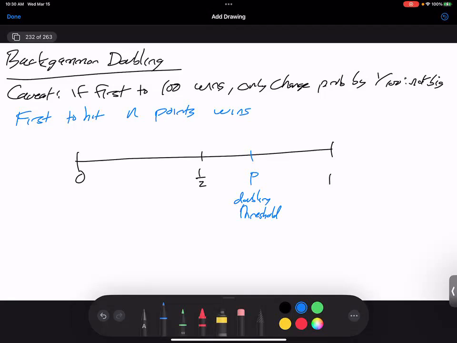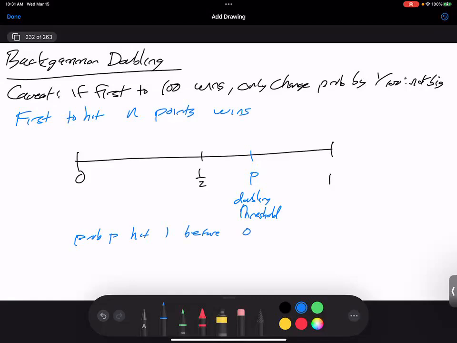So if we take the limit of what we're doing, what should be the probability we hit 1 before we hit 0? So what's the probability we hit 1 before we hit 0 from P? Okay, so probability P hit 1 before 0.